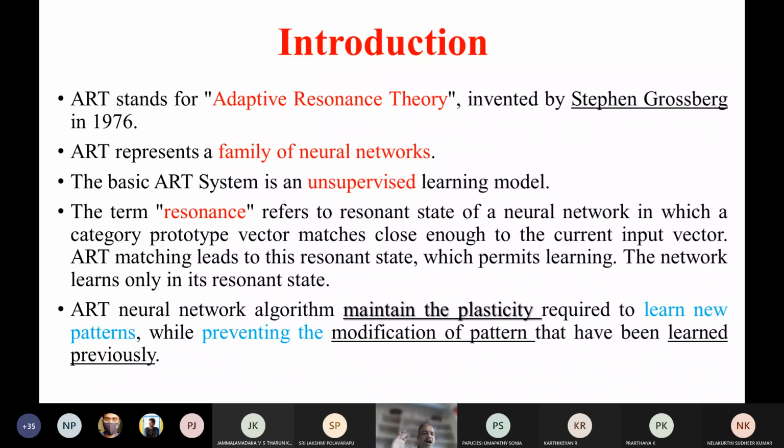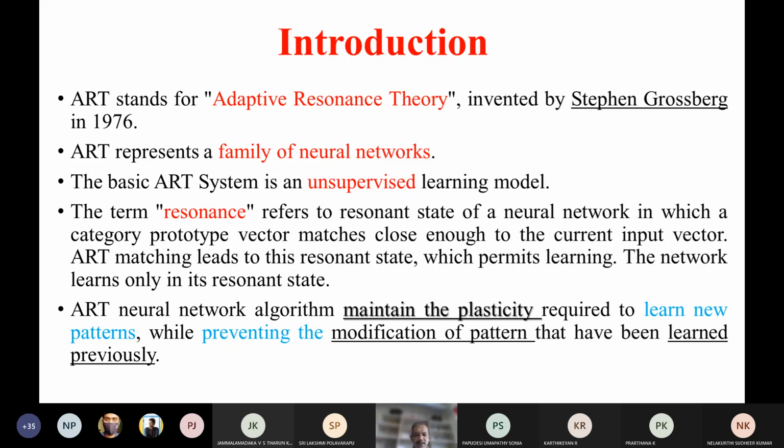This complete process in the resonance state we call the learning process: accepting the input, processing it, and giving the output as a match in one of the clusters, cluster 1, cluster 2 or cluster n.